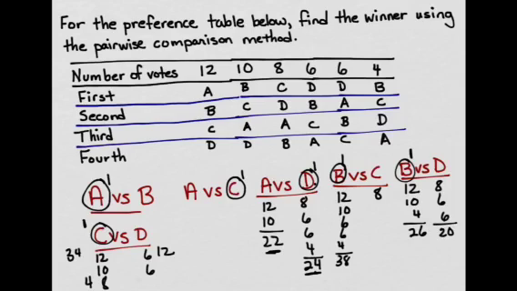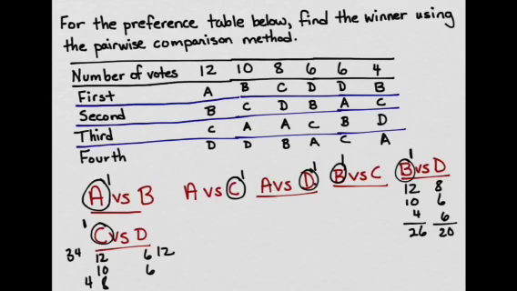All right, so now make a little bit more room. All right, so what's the final tally? A has 1 vote here, and that's it. So not 1 vote, but 1 point.